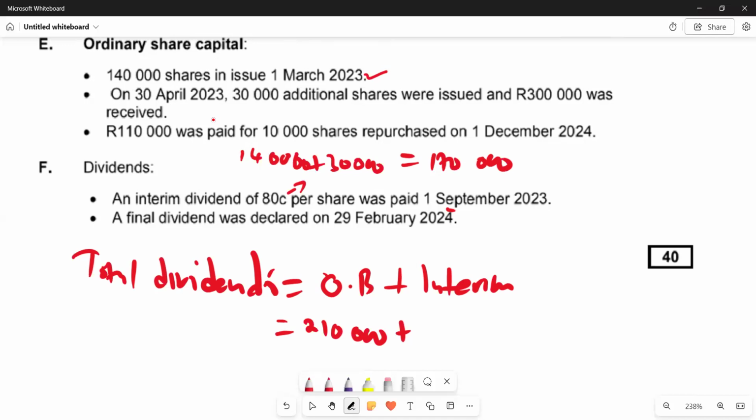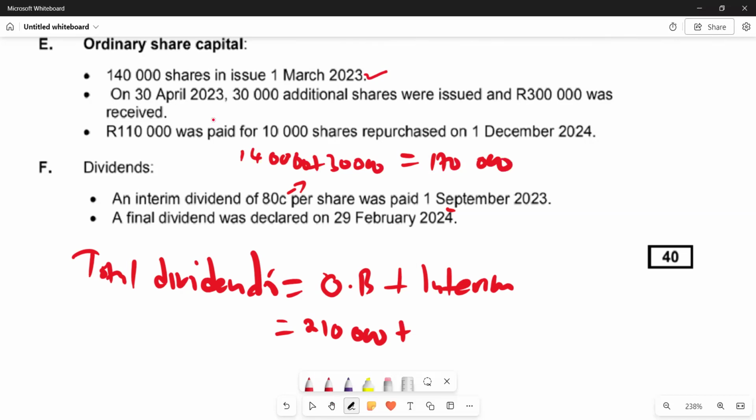Having that now, we can use the 170,000 to get the interim dividend, whereby we multiply the 170,000 by 0.8. So 170,000 times 0.8, which is our 80 cents, and we are going to get 136,000.